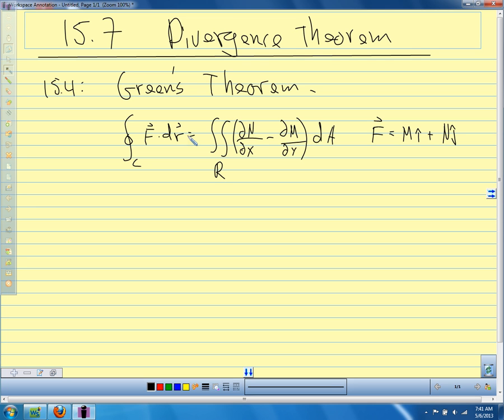And we did a little work with Green's theorem, and we found the line integral of the normal component of the field around this curve.